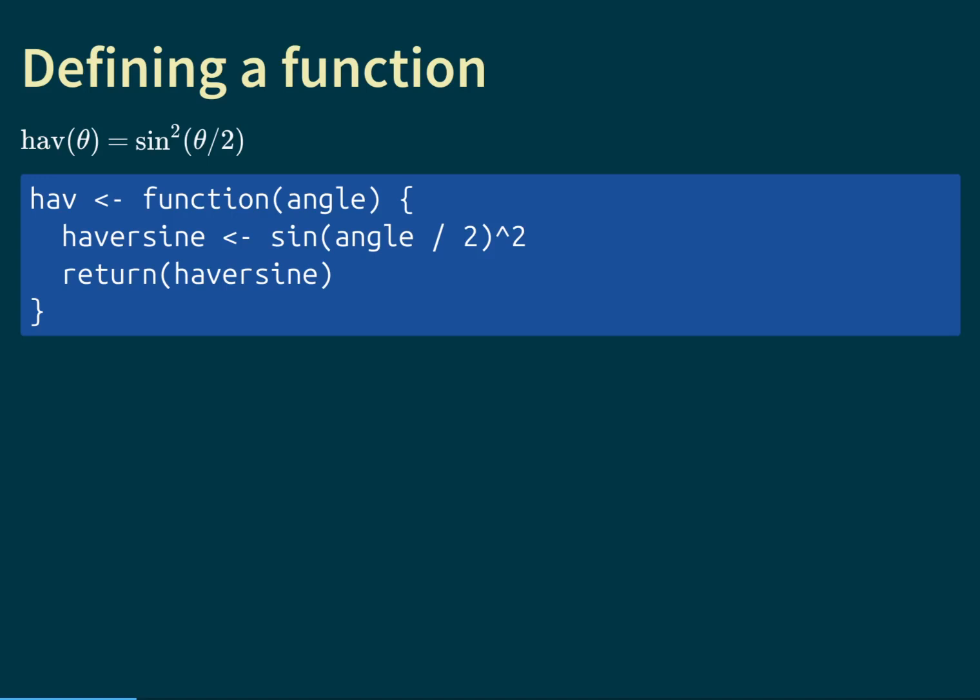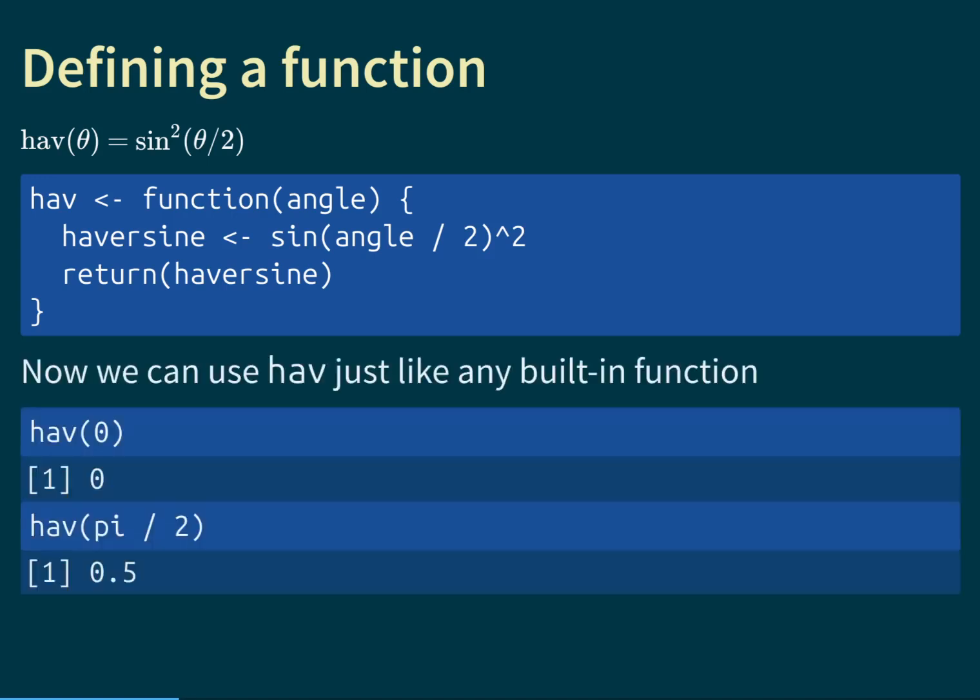We define the quantity haversine as the sine of the angle divided by 2, and that whole expression raised to the second power. And then there's this keyword called return, and we're returning haversine. That means that this is the value the function will give back to the user. So that is the value that the function will return, quite literally.